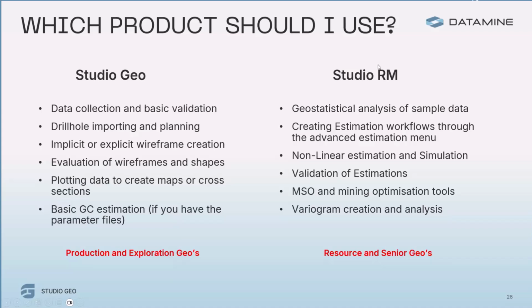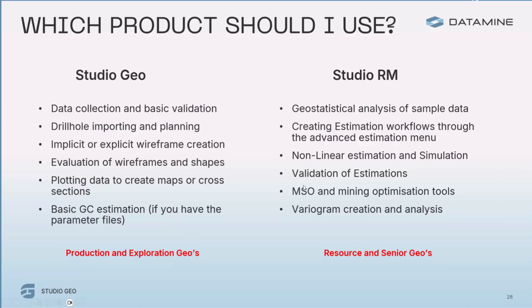So Studio RM, you want to use Studio RM if you want to look at any geostatistical analysis of your sample data, creating estimation workflows. So this would be from first principles. That can all be done directly through the advanced estimation window. Any nonlinear estimation or simulations, the validation of your estimations that you've already run.